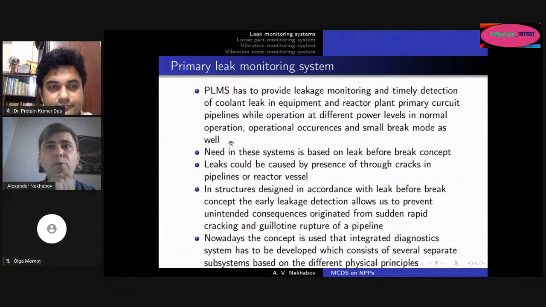Okay, you can ask me, if these leakages are so undesirable for us, why do we need a special separate system to find these leakages?